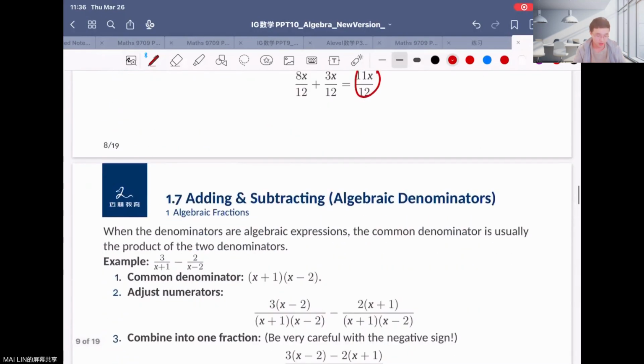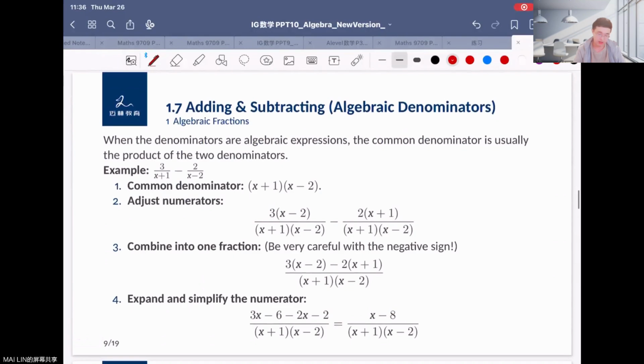Okay, so also for subtracting, here you have 3 over x plus 1 minus 2 over x minus 2. So therefore it's not a number anymore, but an algebraic expression, right? You can use a similar method: first try to find the lowest common multiple for x plus 1 and x minus 2. So the common denominator is x plus 1 times x minus 2. Then you adjust the numerators because you have to enlarge the denominators, right?